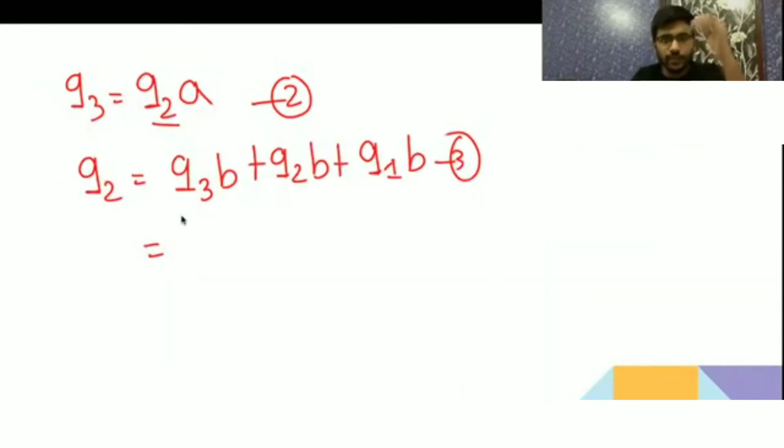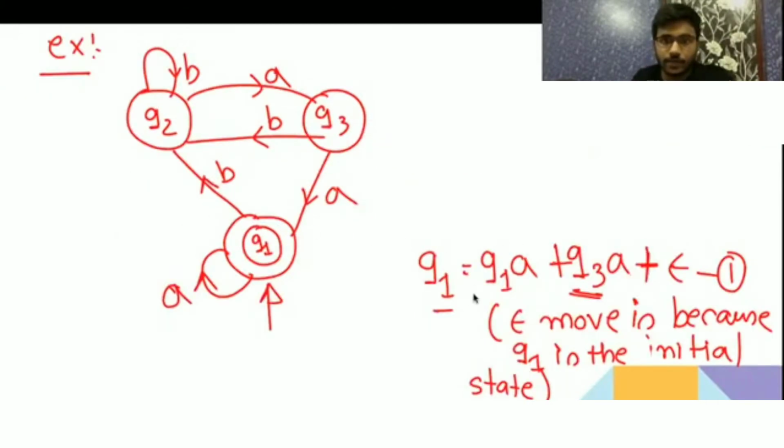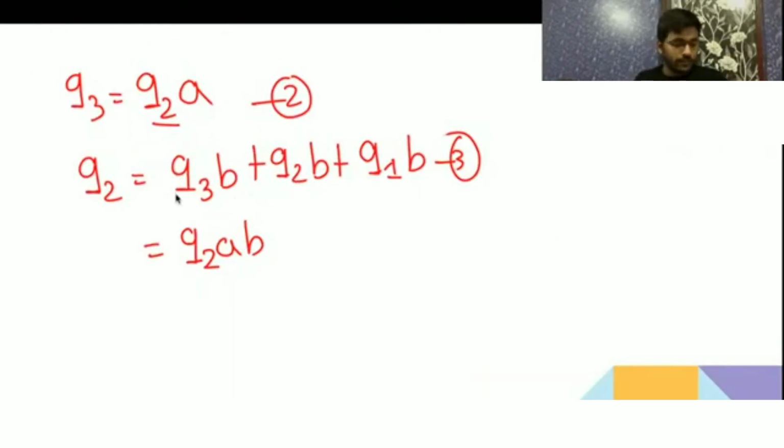Q3 is having Q2A. So here in place of Q3 you can write Q2A. But here I require Q1, Q1A, Q3A, then plus epsilon. Since we require Q3, Q3B is there, then Q1.